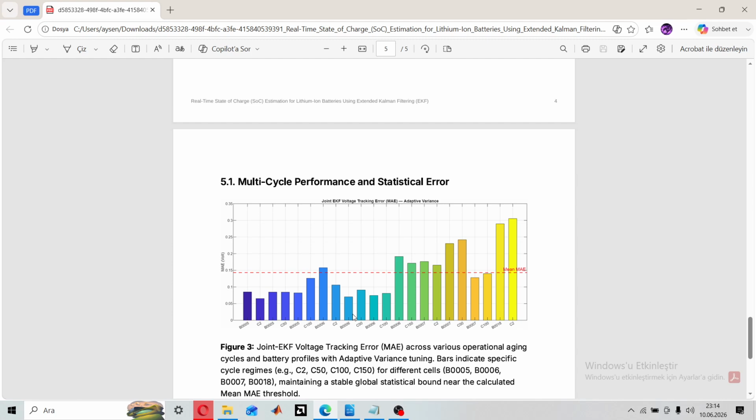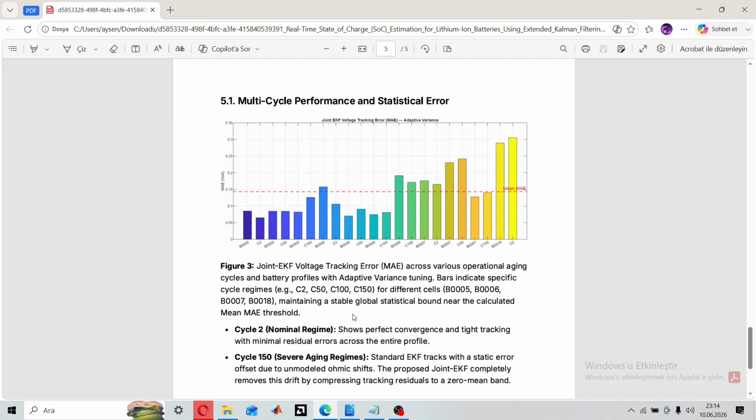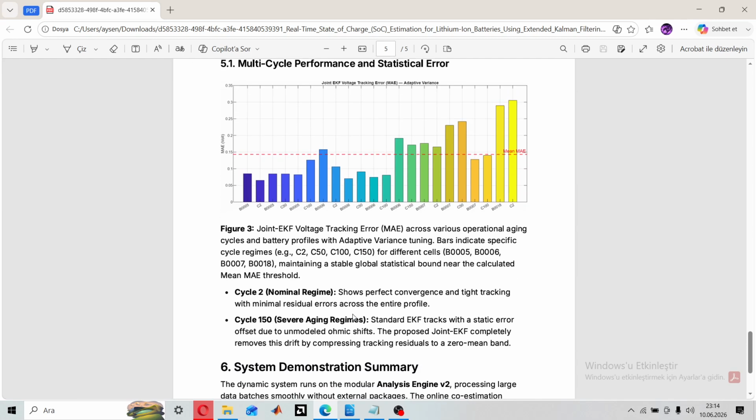The proposed joint EKF completely compresses those tracking residuals back to a zero mean band across various cells and diverse aging regimes. Our adaptive tuning successfully bounds the tracking error tightly near the calculated mean MAE threshold.